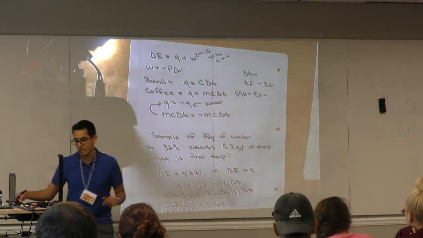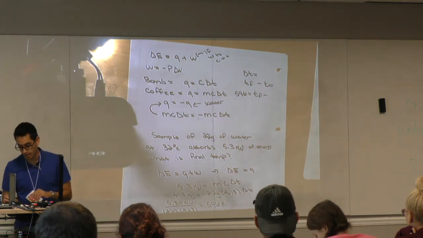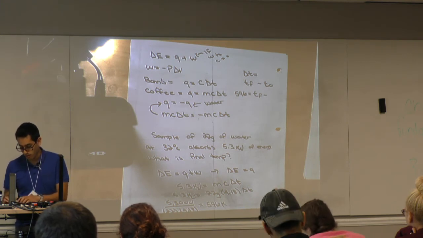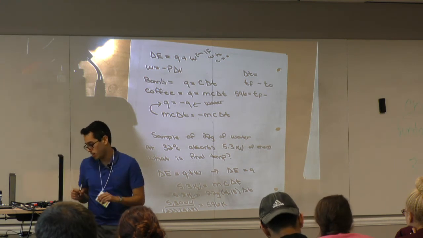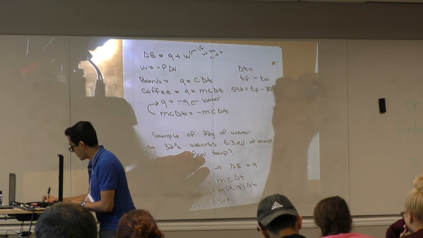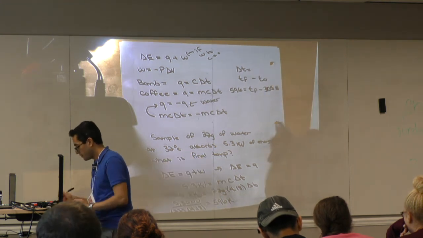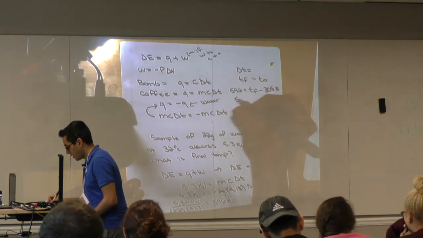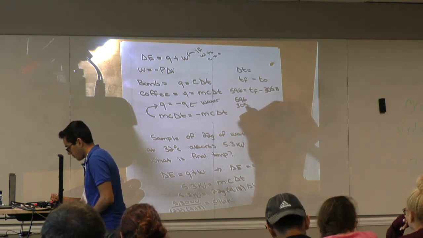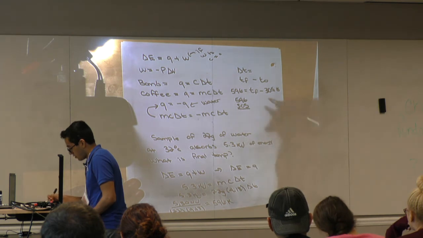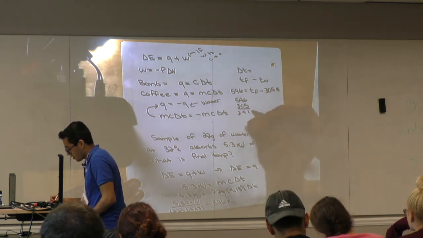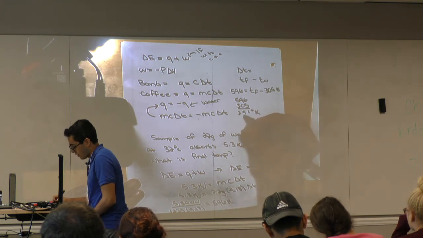Again, that's in Kelvin, so we have to convert Celsius into Kelvin here. 32 plus 273.15 is 305.15, and so you get 596 minus 305, and you'll be left with 291 degrees Kelvin as your final answer.